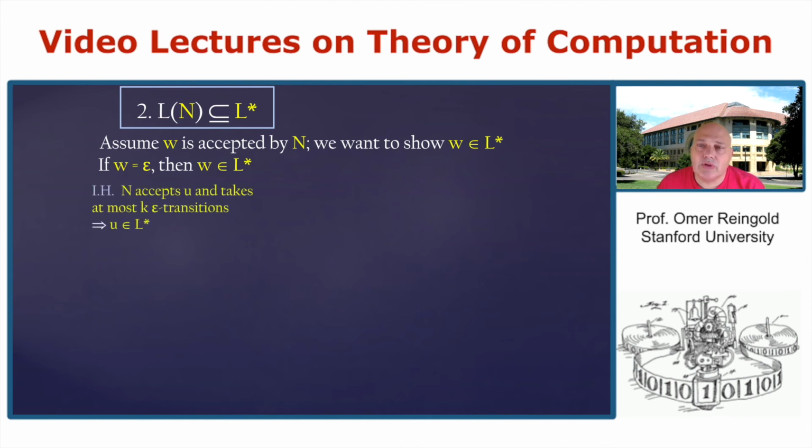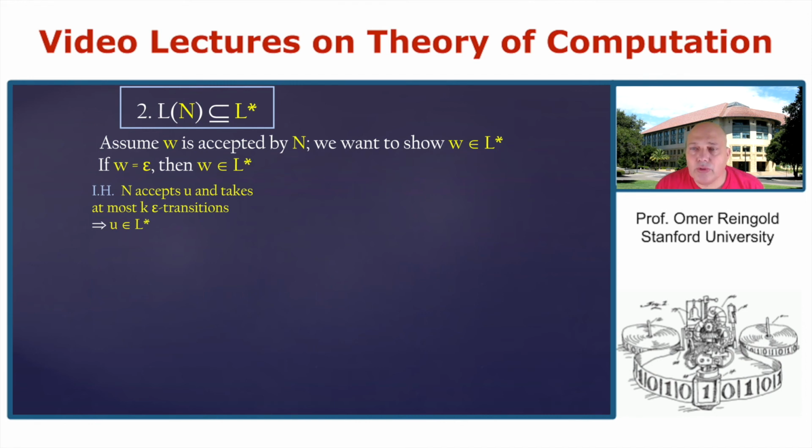So we're going to prove this again by induction. And the induction here will be slightly more interesting. It will be on the number of epsilon transitions we are taking. So N accepts u, and let's say that there is an accepting path of u that takes at most k epsilon transitions.